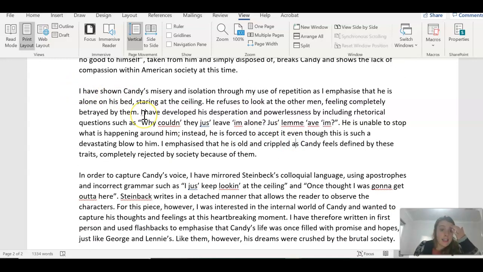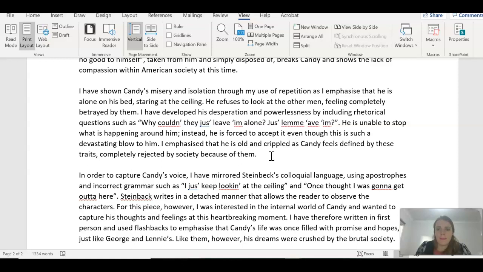I have shown Candy's misery and isolation through my use of repetition, as I emphasize that he is alone on his bed, staring at the ceiling. He refuses to look at the other men, feeling completely betrayed by them. I have developed his desperation and powerlessness by including rhetorical questions, such as, why couldn't they just leave him alone?